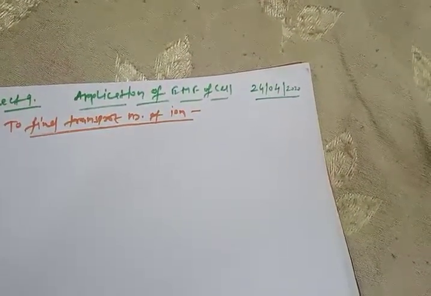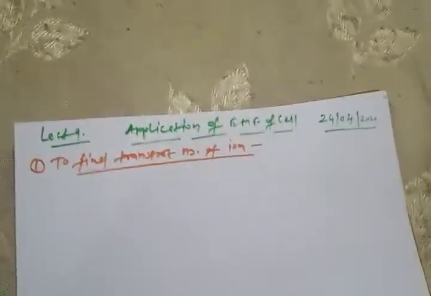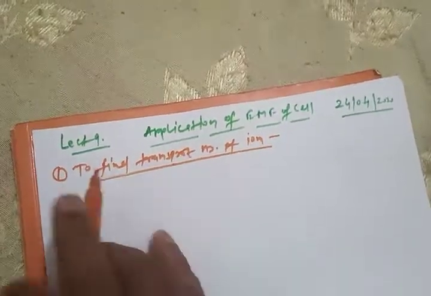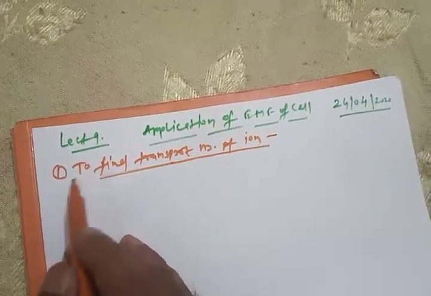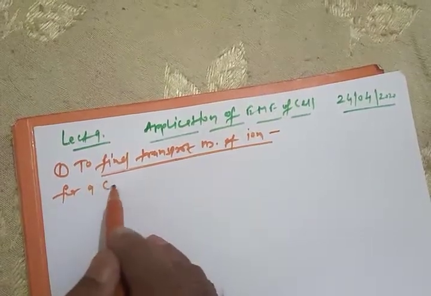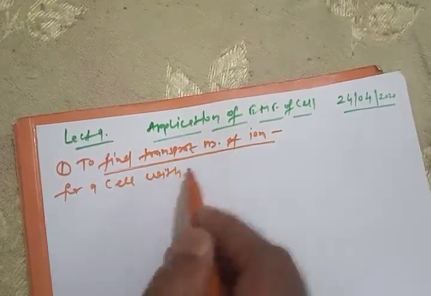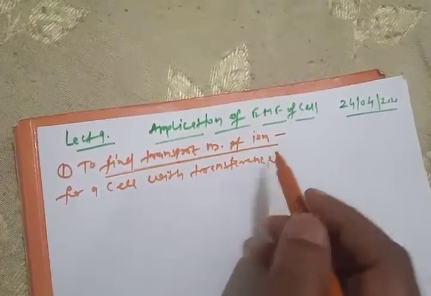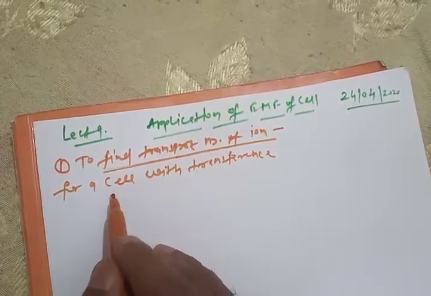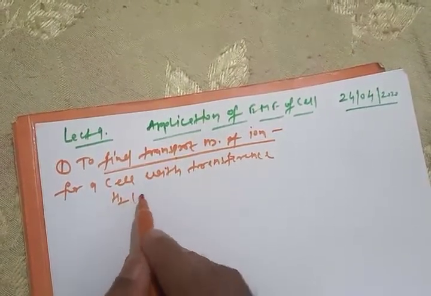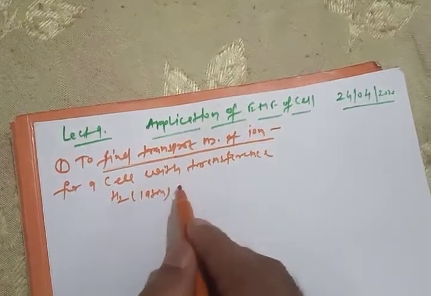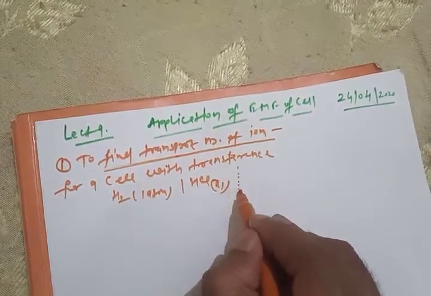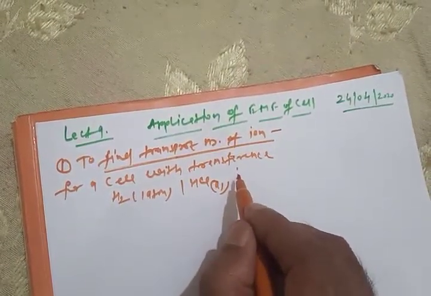So what we will do is take a cell with transference. You can use any cell, but here what is important is transference. So what is that cell? H2 at 1 atmospheric pressure and HCl A1, then a semi-permeable membrane, because we are talking about the transference.